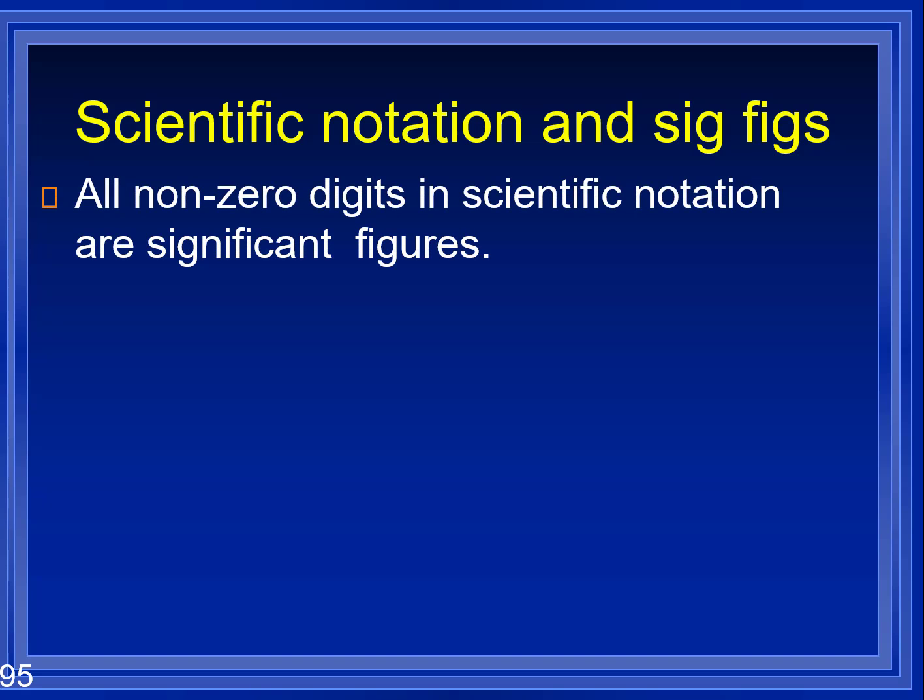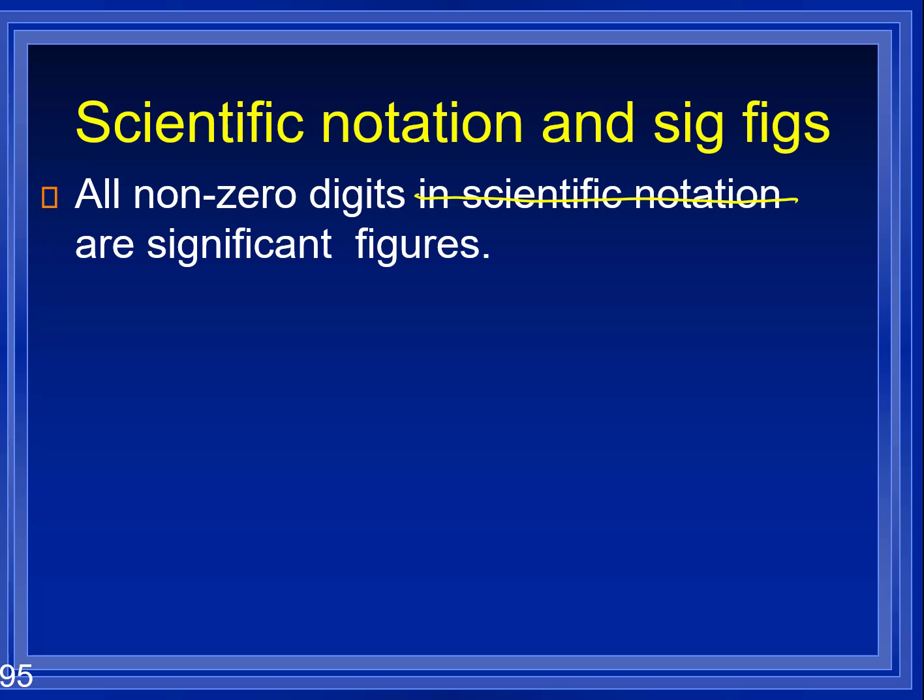Okay, all non-zeros in scientific notation are significant. Well, heck, there's a set of words we don't need there. I don't need "in scientific notation." All non-zeros are significant figures. Just because they happen to be in scientific notation doesn't change that. So if it's not a zero, it's going to be a significant figure.